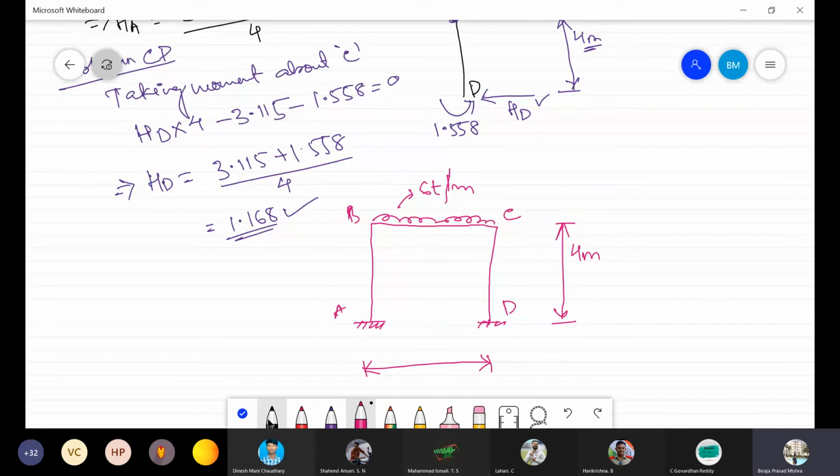For the moments, I'm using black. This is how much? It is 9 tons. This is also 9 tons. And the horizontal reaction HA, how much did we get? 1.168.